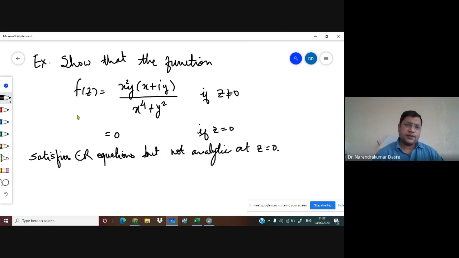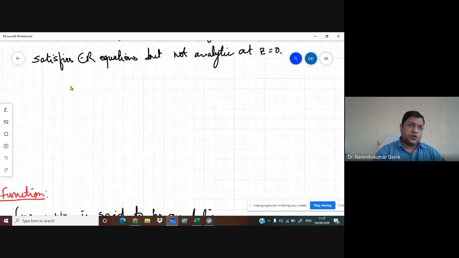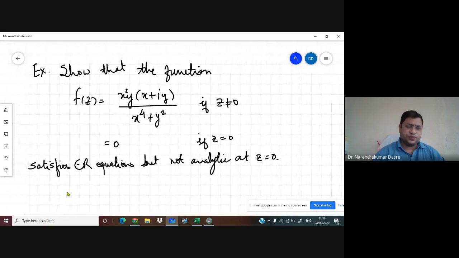Okay, so we have to show that this function satisfies CR equations, but it is not going to be analytic.